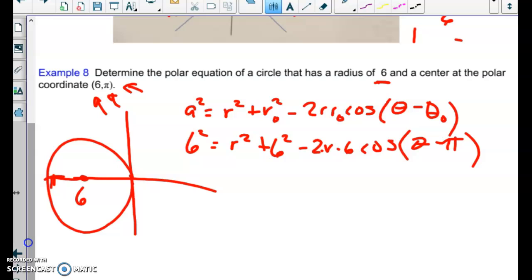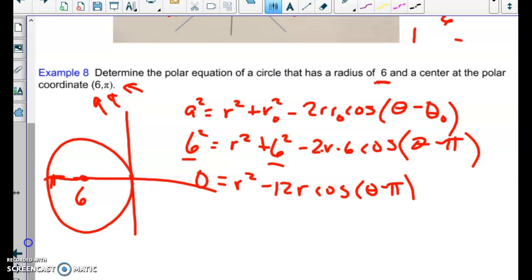And it appears to me that I can simplify this. This 36 and this 36 go away. So I'm left with 0 equals r squared minus 12r times the cosine of theta minus pi.